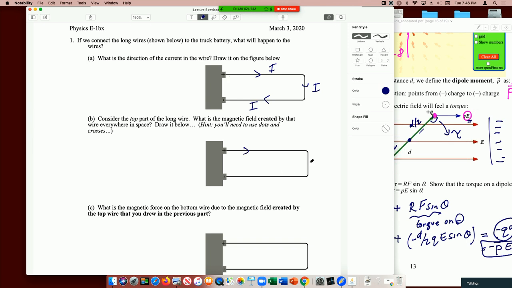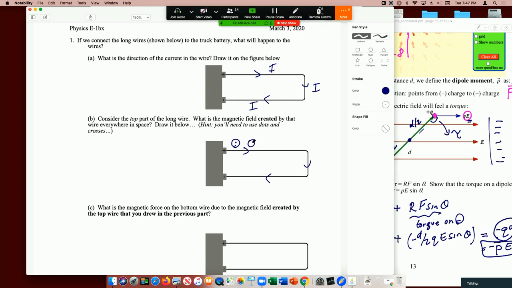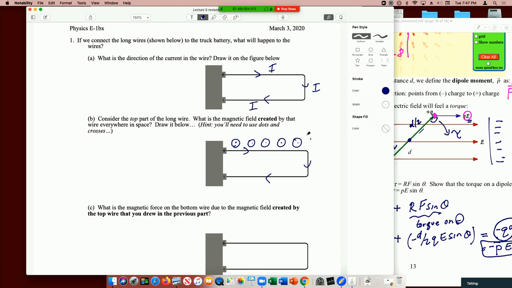So that's the direction of the current. Sorry, it's coming out of the page here. So I'm going to put dots here to indicate that it's coming out of the page here. And it's going into the page there.